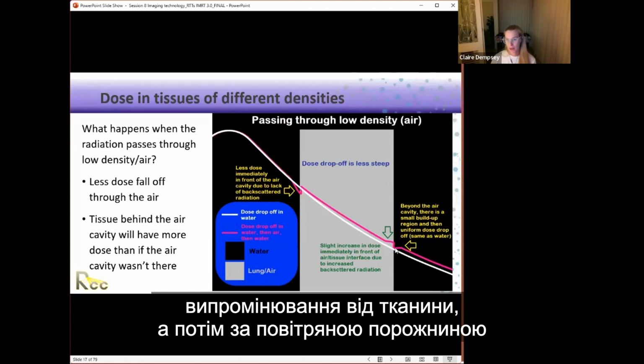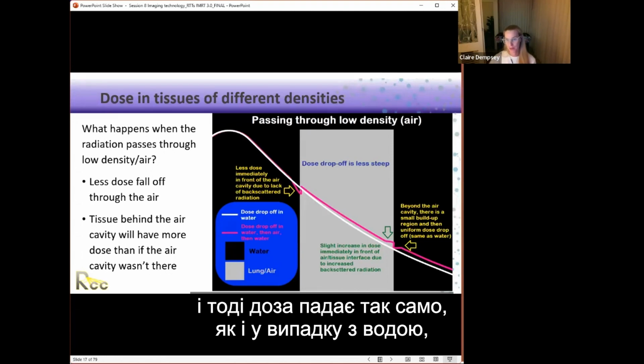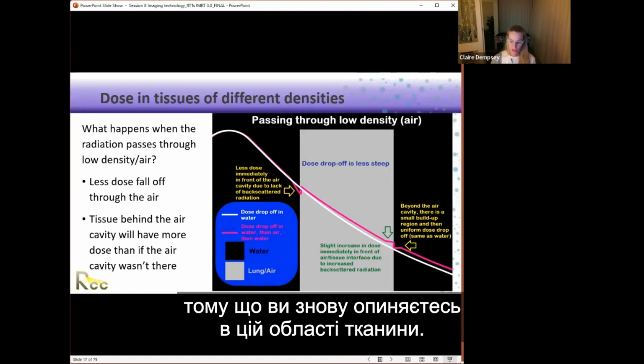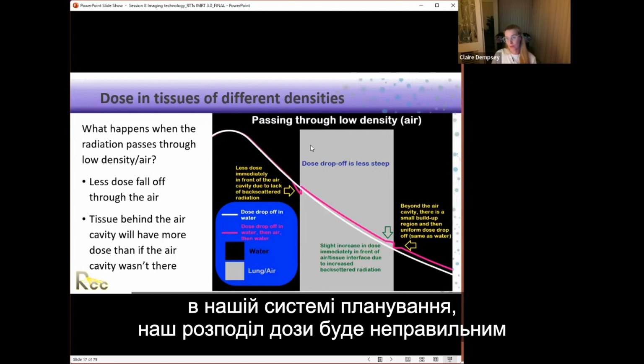Then beyond the air cavity, you get a small build-up region again, and then you have that dose drop-off the same as you would for water, because you're back in that tissue area again. So you can see if we don't have that information in our planning system, our dose distribution is going to be incorrect or not as accurate.